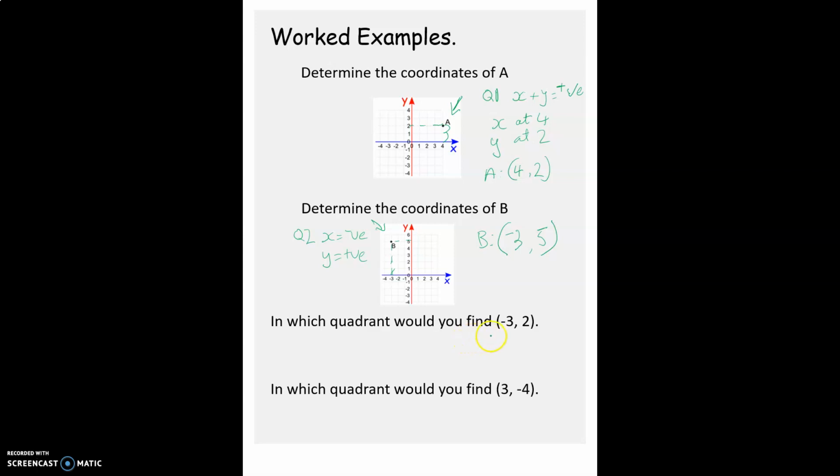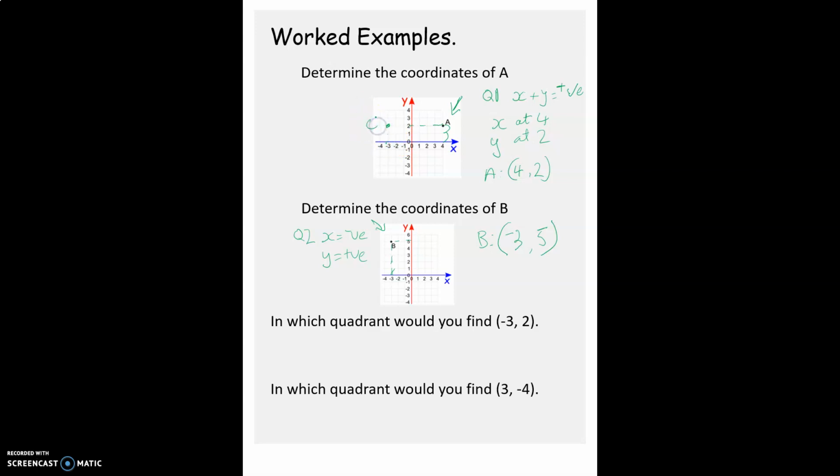In which quadrant would you find -3 and 2? So here I'm just going to go back up to our first graph. I'm just going to indicate our -3, 2. So we go down 1, 2, 3, and then we go up 2, 1, 2.